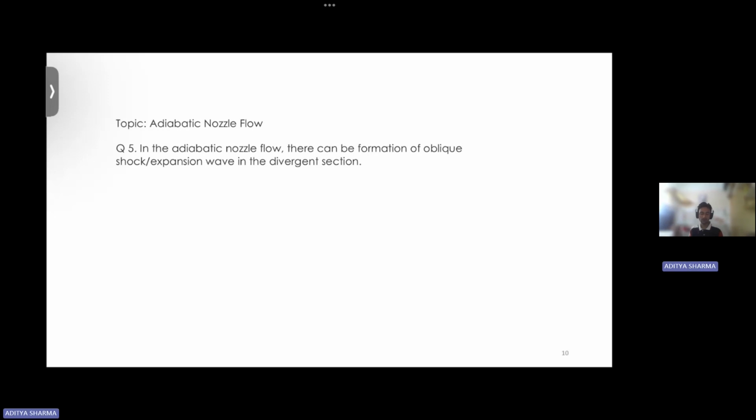Question number 5 says that in adiabatic nozzle flow, there can be formation of oblique shock or expansion wave in the divergent section. Whether this statement is true or false.